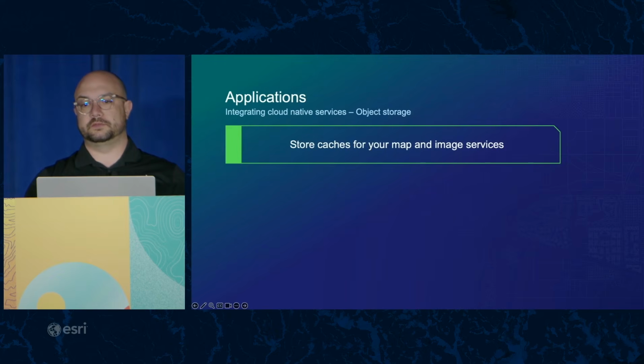So the question remains, how can we actually use this cloud object storage in the context of ArcGIS Enterprise? Now, as Justin brought up before, we have our system managed data stores, and we have the option to utilize cloud object storage for that purpose. Another option is as a cache directory for ArcGIS Server or ArcGIS Enterprise on Kubernetes.